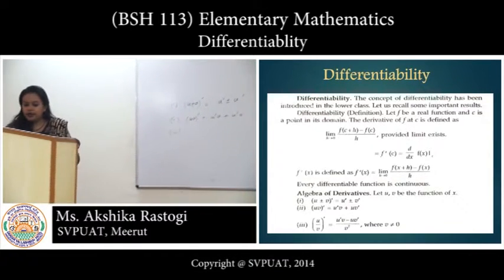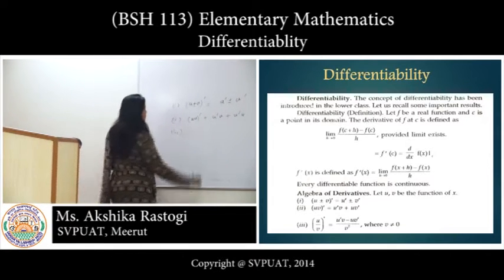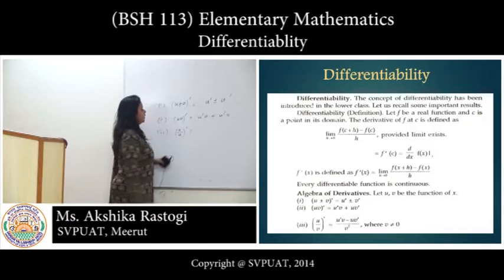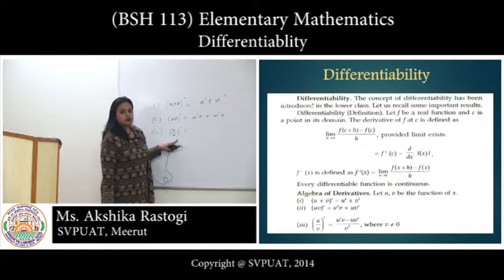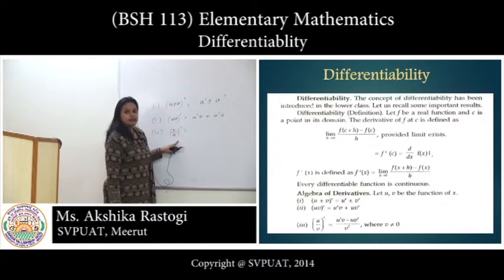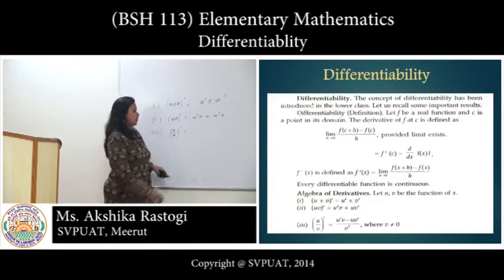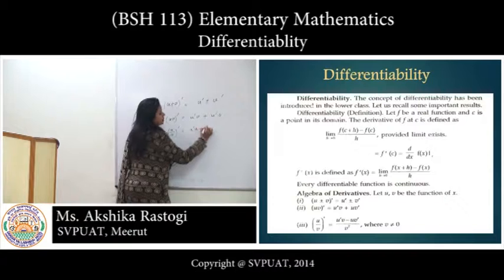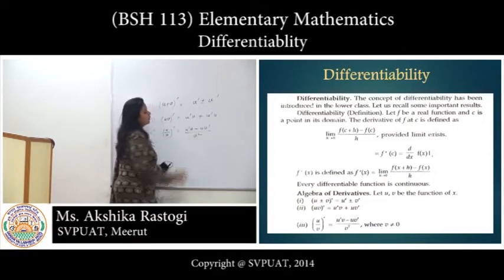Then third, we have u upon v dash. Means if we have a division, if two functions are in division form, then we apply this rule. This will be u dash into v minus u v dash upon v square.